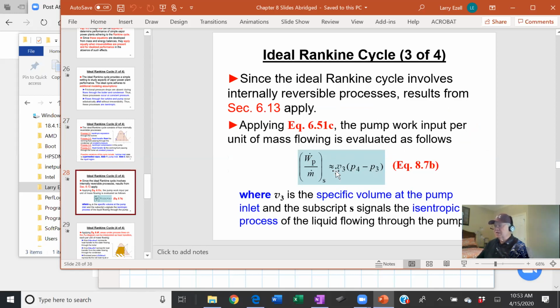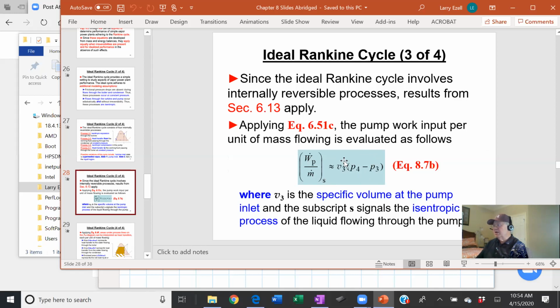Since it's an essentially incompressible liquid, the work of the pump is the specific volume at 3 times P4 minus P3. Now again, he's arranged them so that he gets a positive number here. I'd like to get a negative number and then combine it with the positive number of the turbine output to get the net work. It's actually P3 minus P4.